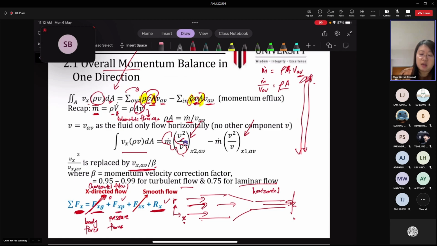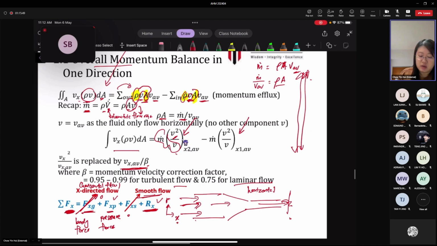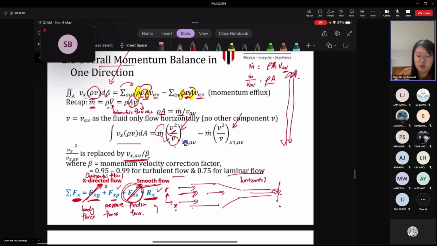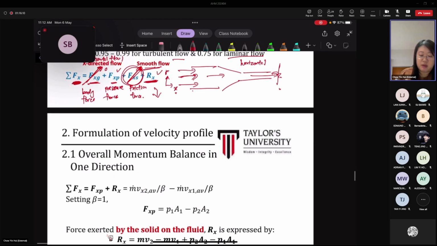Now, if it's a very smooth nozzle, then this is the friction force. If you encounter a very smooth nozzle, then you can assume the shear force to be negligible. But in most cases, we will need to consider this shear force or friction force here. Now, if this is the case, the whole equation will then be simplified to this form here on the left-hand side.